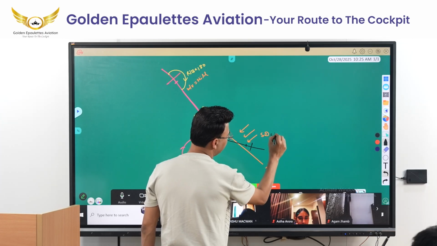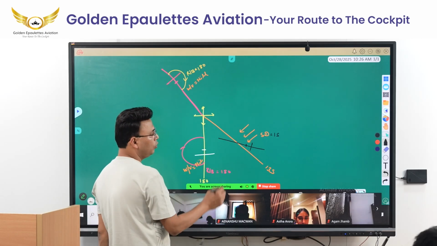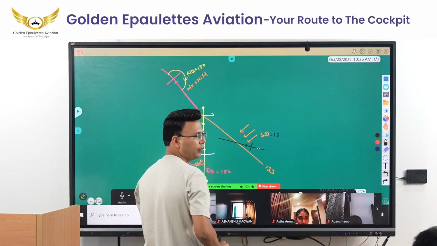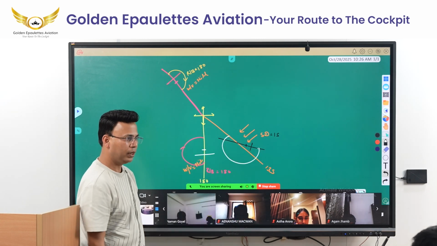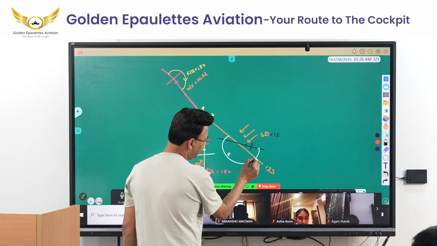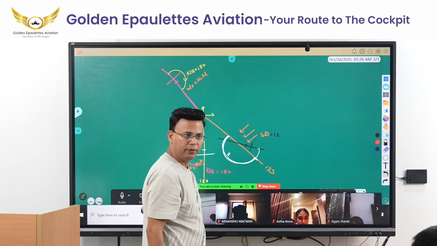Let's say this drift is 15 degrees. Now this is your track. This is your heading. Now relative bearing, if you have to figure out in this case, is from the fore and aft axis clockwise to the station. This will be your relative bearing. So if I see only this angle from here to here, this angle is 180.